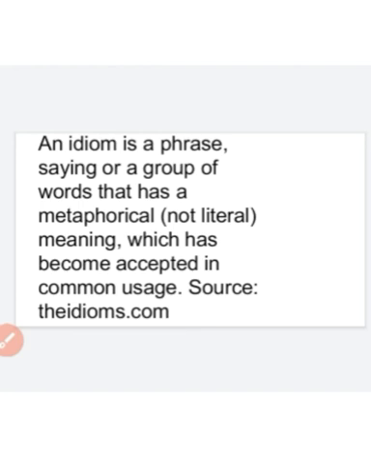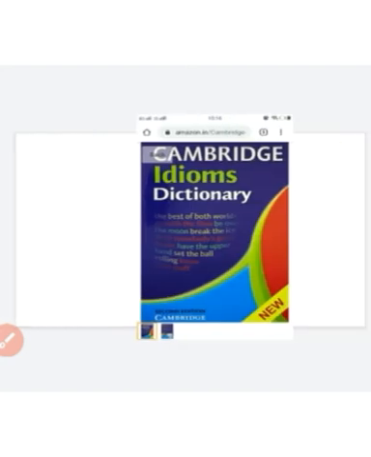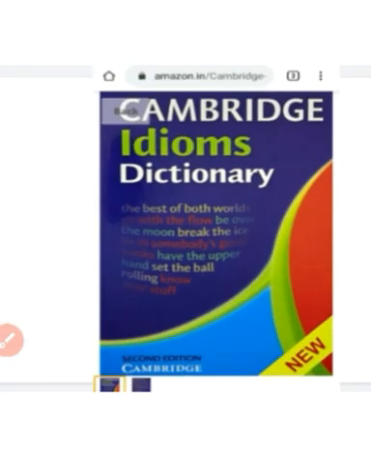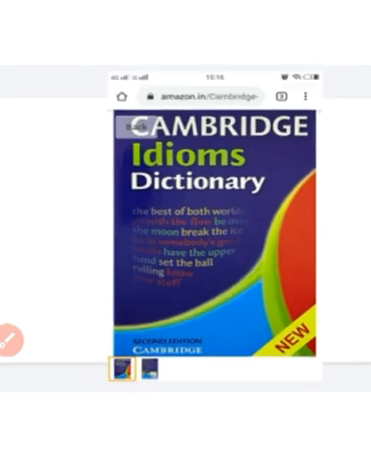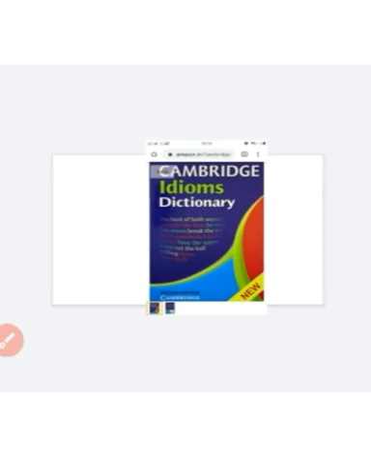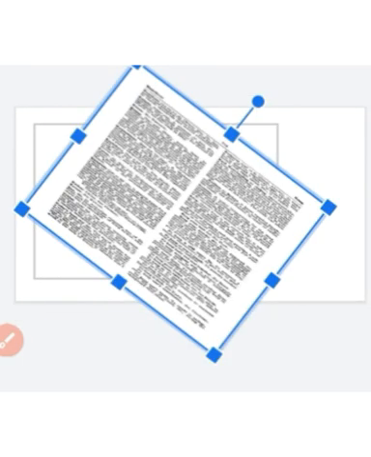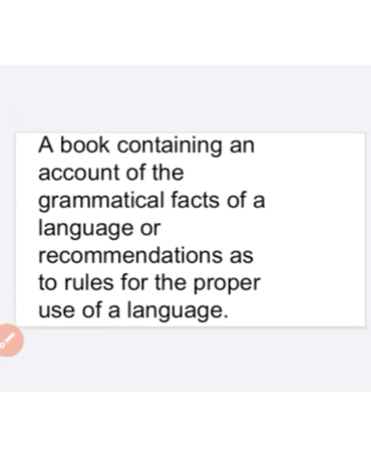Normally it is acceptable by the general public as the meaning of that particular phrase. This is an example of the Cambridge Idioms Dictionary. I'll share the PPT so that you can go through it.